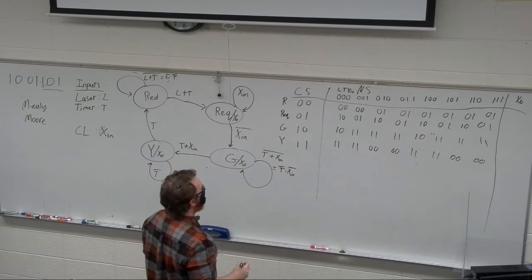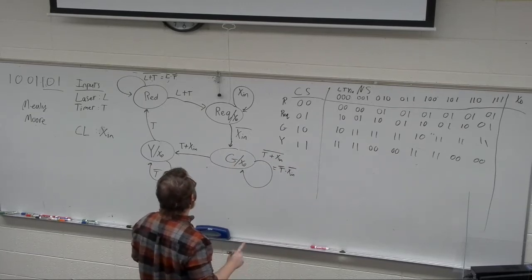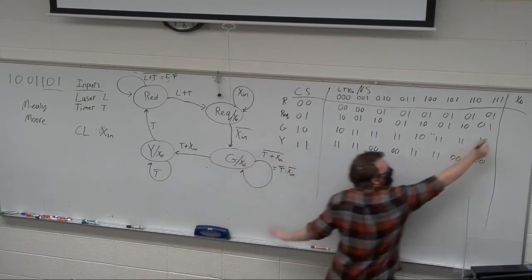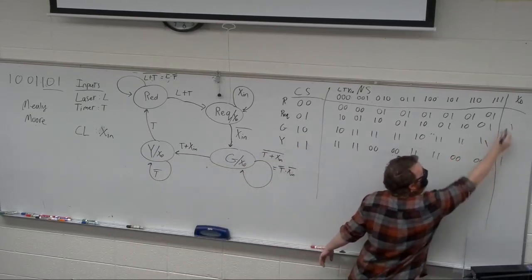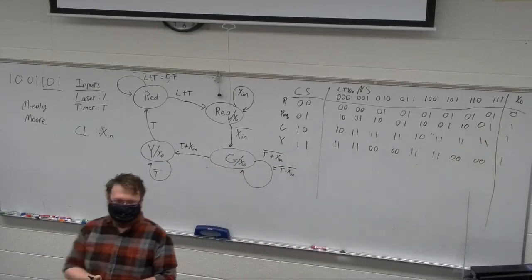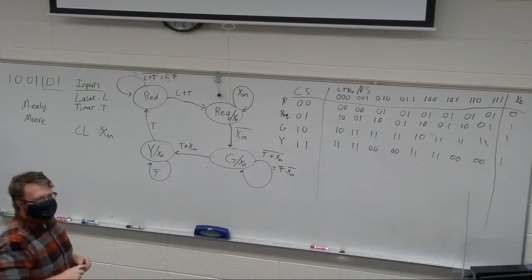And then X0 is going to be 1 when we're in any of these last 3 states. Boom. Okay, now we've built out this huge next state table.